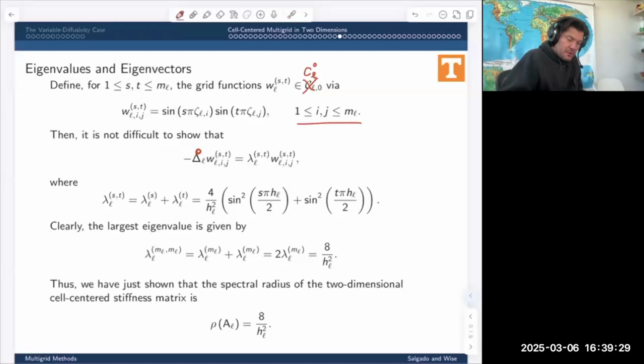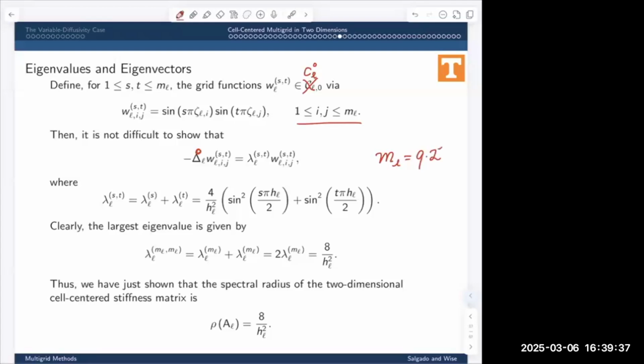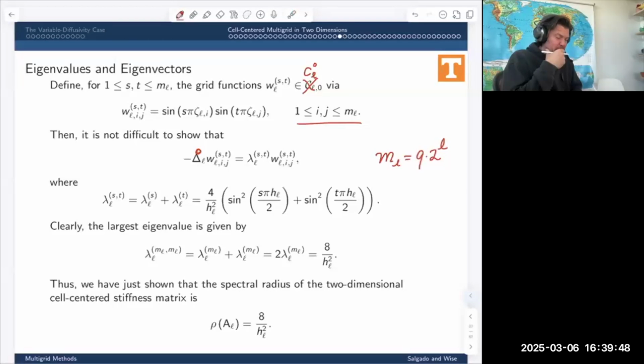Your point was that ML is equal to Q times 2 to the L. I'm just thinking about whether the largest one will be affected by Q. I guess it comes into play because of how HL is defined.